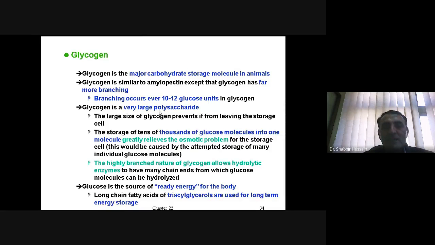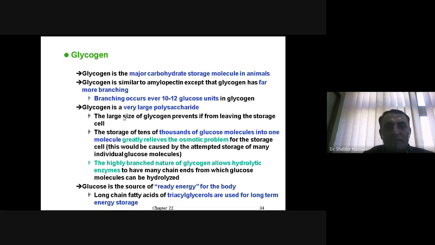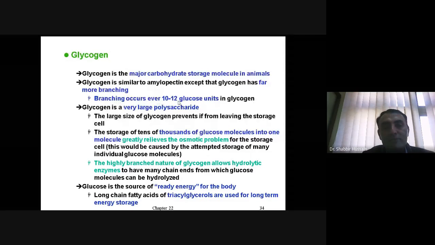Branching occurs after every 10 to 12 glucose units in glycogen, right? While in amylopectin, branching points occur after every 20 to 25 glucose units, but in glycogen branching occurs after every 10 to 12 glucose units, right?